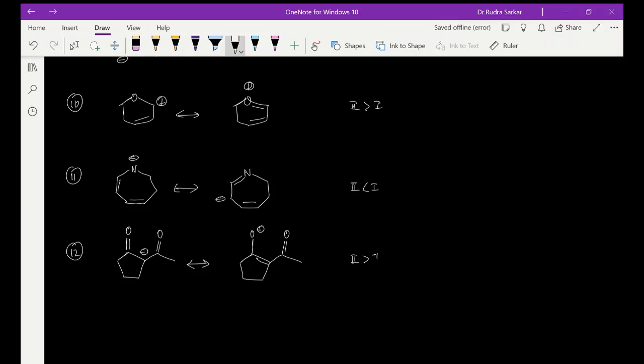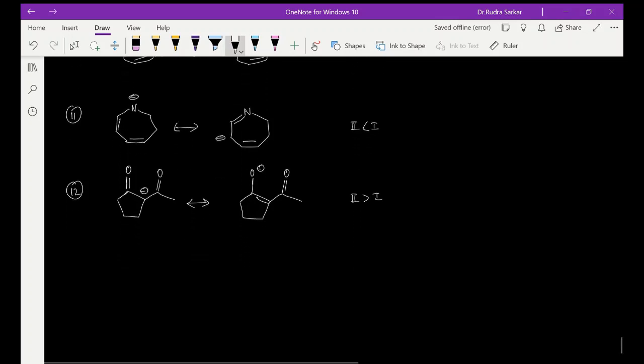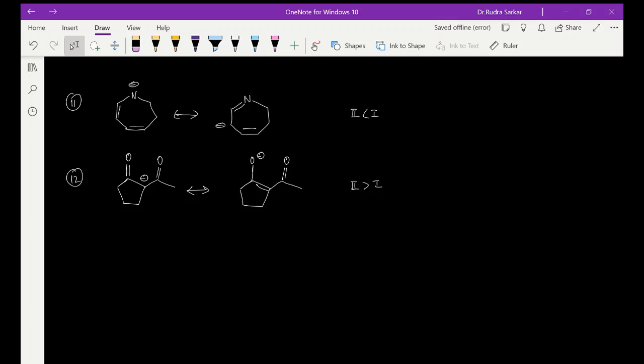Two is more stable than 1 because negative charge is lying on the more electronegative oxygen. Okay.